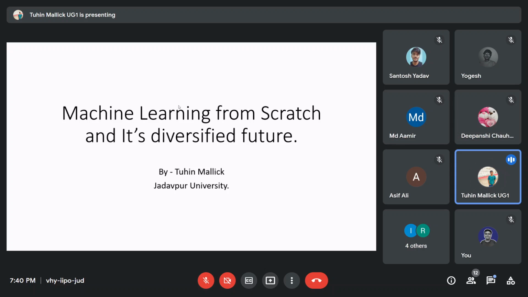So, before delving deep into this concept of machine learning in special, because as the topic suggests, the machine learning from scratch and its diversified future. Today, we will specially focus on machine learning. But before that, I want to tell that in this session, we will not go into technical details or the programming part as such, the detailed programming part that we use to create the machine learning algorithm.